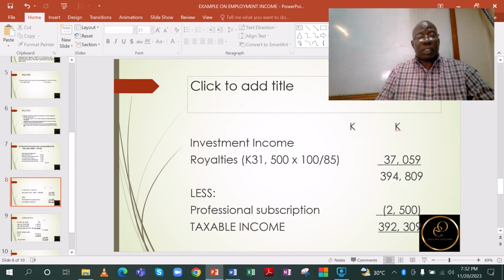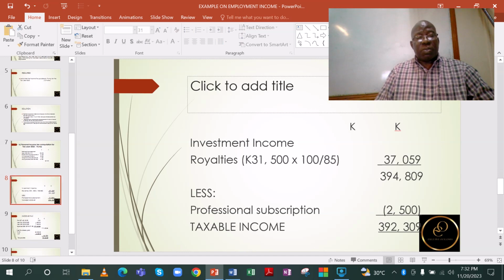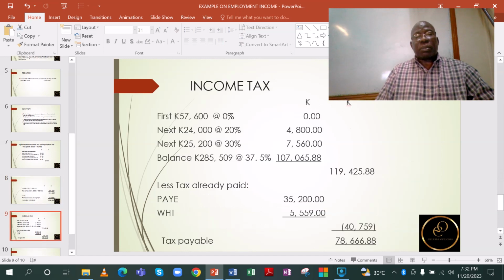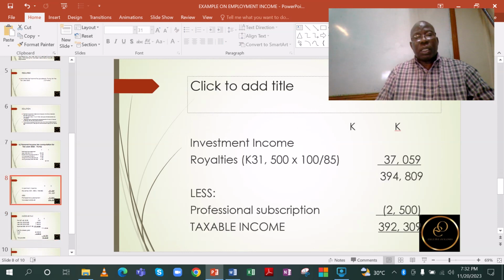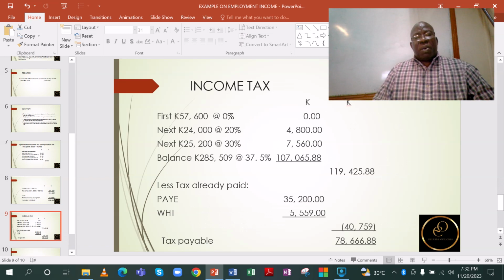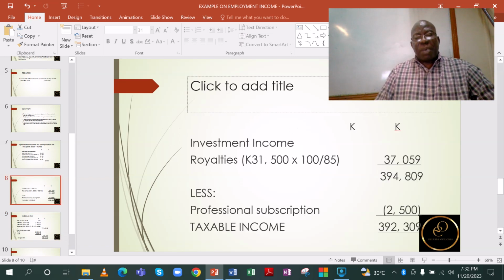So now, once we have established the taxable income as 392,309 kwacha, we go ahead and calculate the income tax.